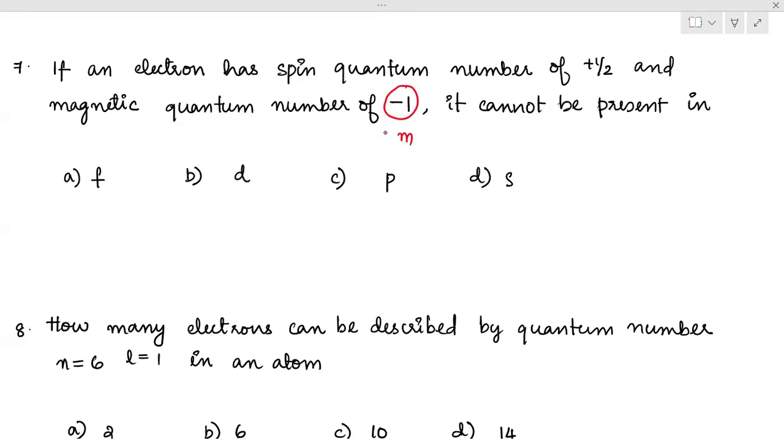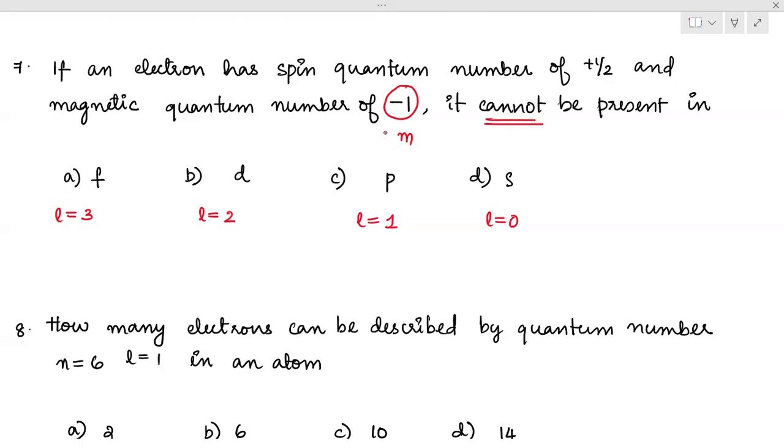In option A, the value of L would be 3, correct? We already know that when the value of L is equal to 0, it's called S. When L is equal to 1, it's called P. When L is equal to 2, it's D, and L is equal to 3 corresponds to F. Now they are asking in which case m is equal to -1 cannot be present.